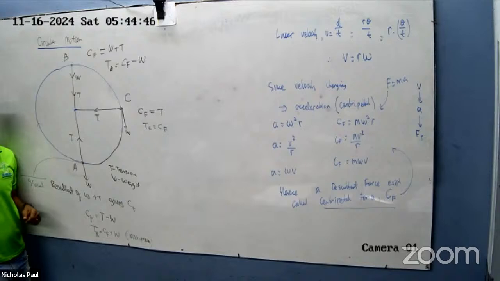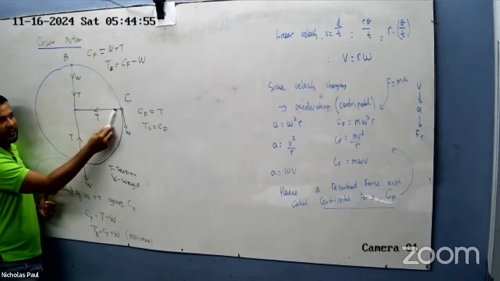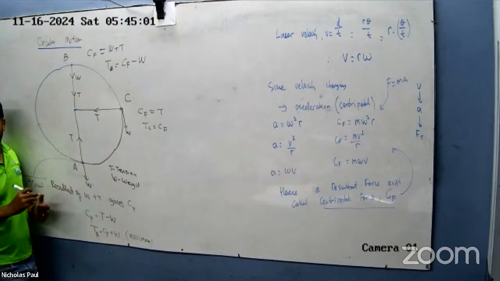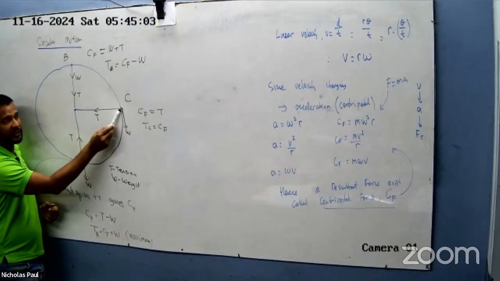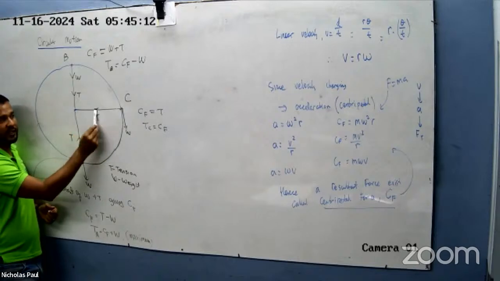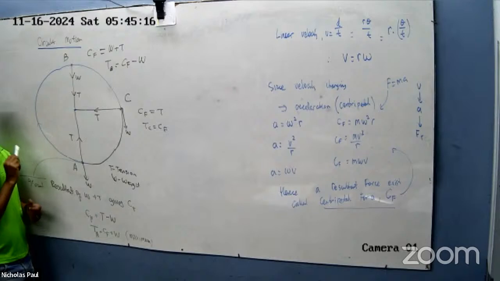Close. Centripetal force is the resultant of the forces acting towards the center, and this is not acting towards the center. But I really like Mackey's answer. He said the resultant of these two is here. That is not along the circular path, that's not towards the center. You see that? The resultant of these two is here, which is not acting towards the center. You okay with that?